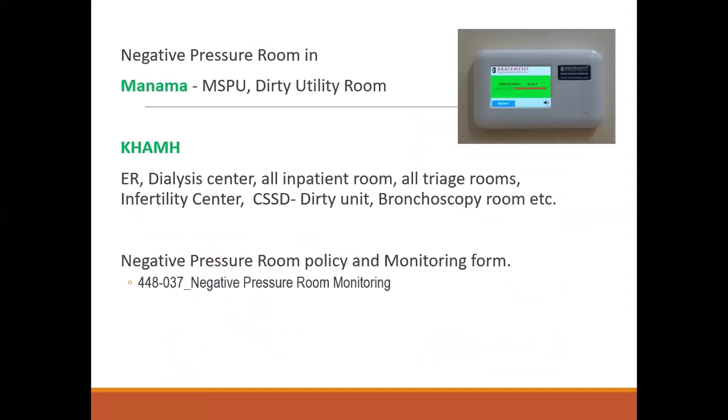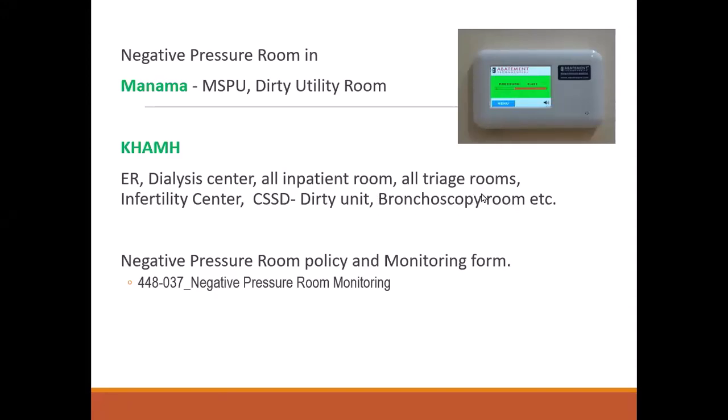Okay. So in Manama, MSPU and the dirty utility room have negative pressure rooms. And in KHAMH, the ER, the dialysis center, one room in the dialysis center, and all inpatient areas have one single negative pressure room.